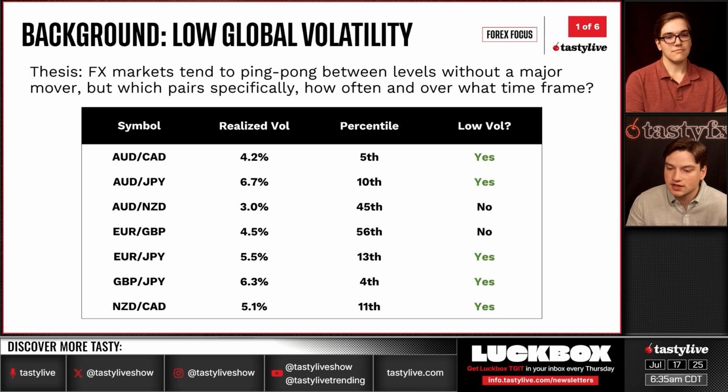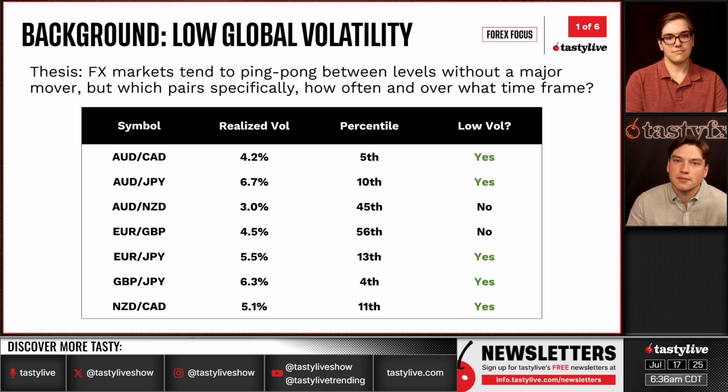some recent statistic. But here we're looking at realized volatility annualized over the past year, and also the percentile, which shows how the realized volatility we're looking at currently stacks up to the past year of data. So not only are we seeing volatility in the 3% to the near 7% range.